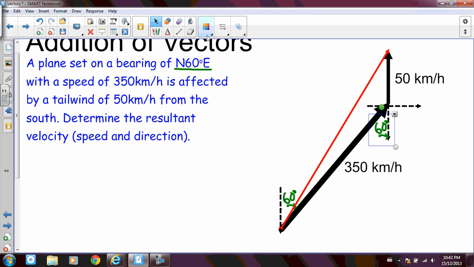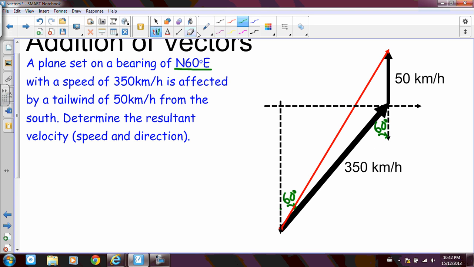The other way to think of it is if I did extend these dotted lines that are meant to indicate north, south, east, west, then with 60 degrees being taken up out here, I must have 30 degrees up in here.